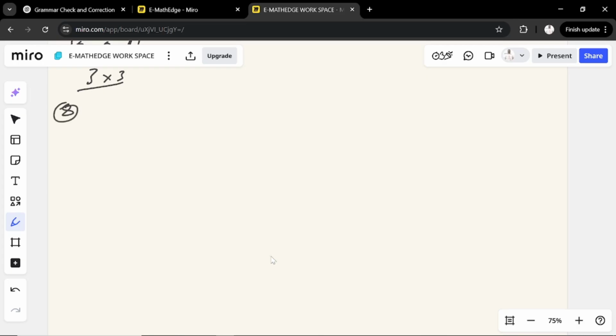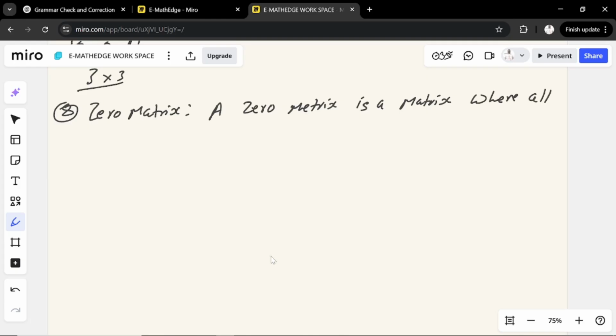So the next one we are going to be looking at is the zero matrix. Now, what is a zero matrix? A zero matrix is a matrix where all the elements are zeros.